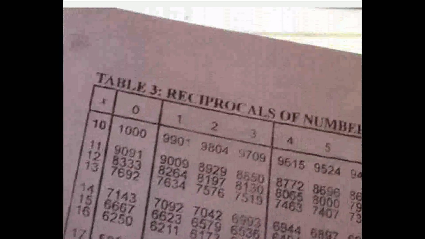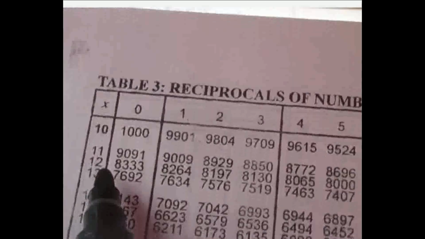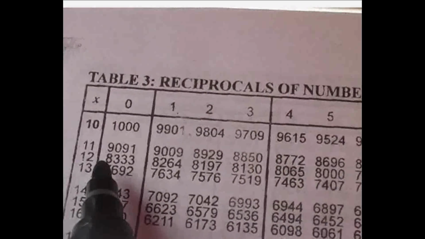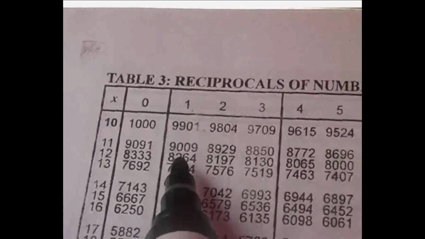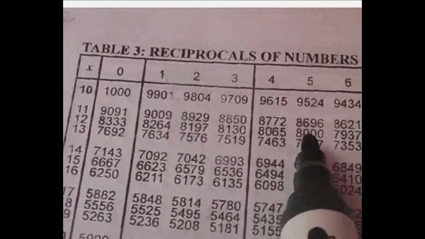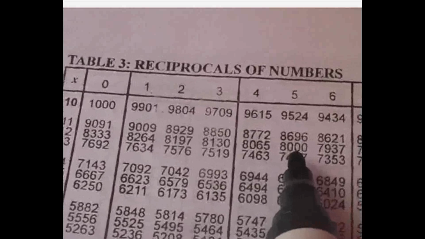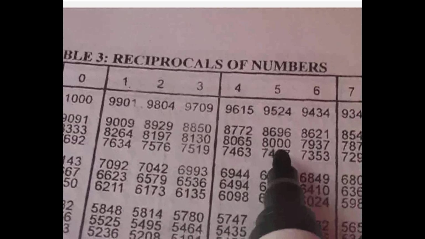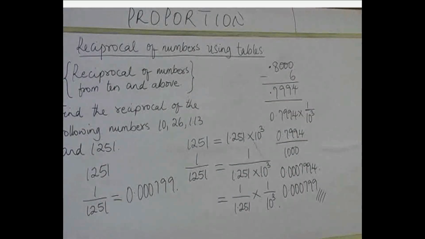You can see the column of 12, under 5, under 0, under 1, 2, 3, 4, 5. You can see it, 12 under 5. You can read the value, 8,000. That was exactly the place we got the 8,000 you can see on the whiteboard.